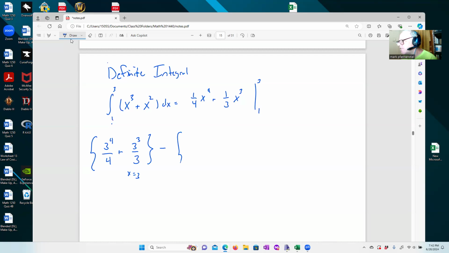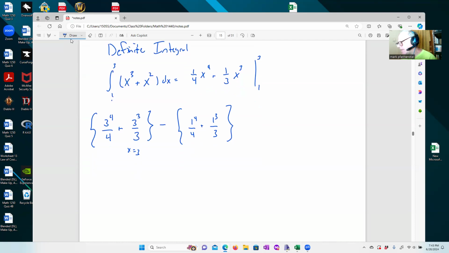And we're going to say minus, and then we have 1. Okay, so we have 1 to the 4th over 4 plus 1 to the 3rd over 3. Okay, and then we have some arithmetic to do. I'm going to leave myself a little note, x evaluated at. Okay. So we've got some arithmetic to do.